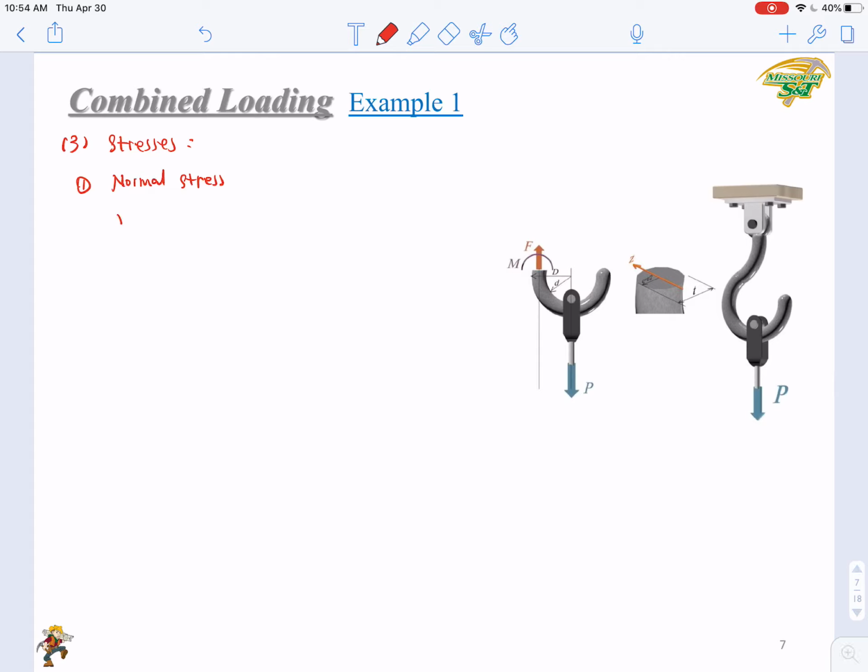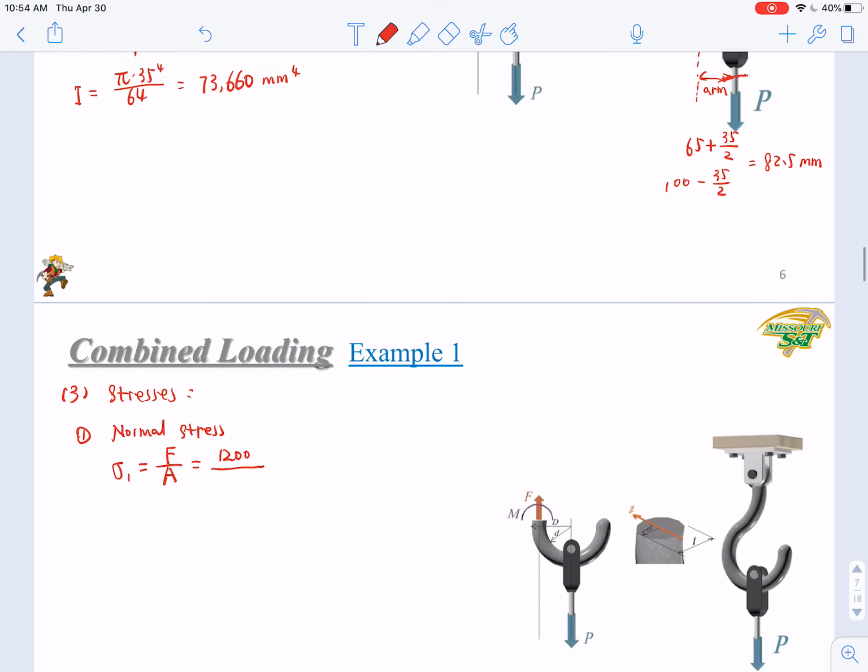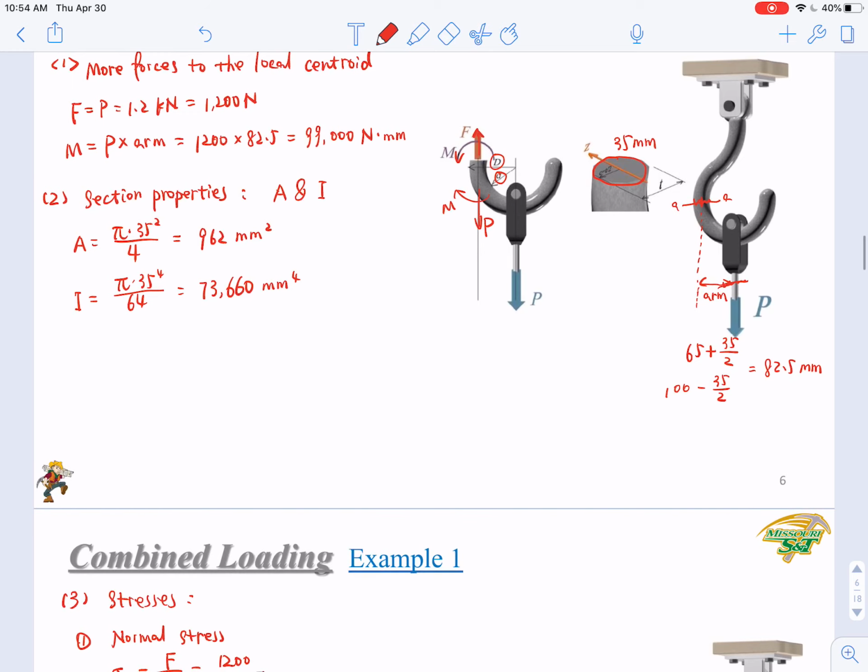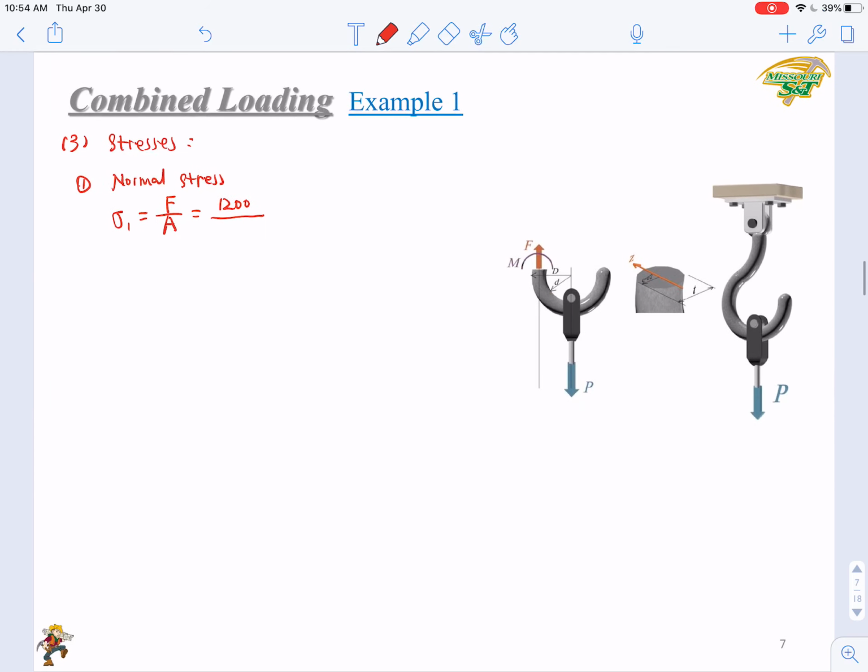So sigma 1 equals F over A. So that is 1,200 Newton over the A, which is 962.